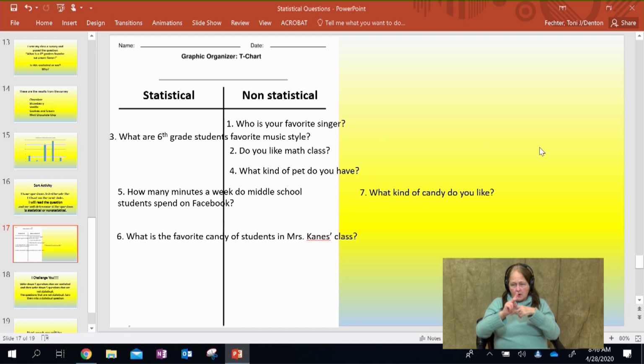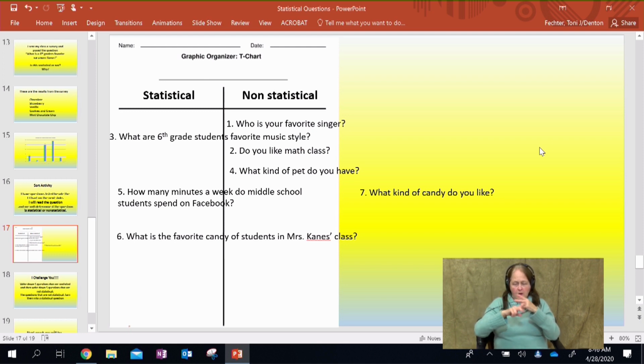What kind of candy do you like? Okay, first of all, let's look at our population. Our population is only you. So again, we'd have that one little skinny bar on our graph. You have to have a way to have multiple bars. So what kind of candy?